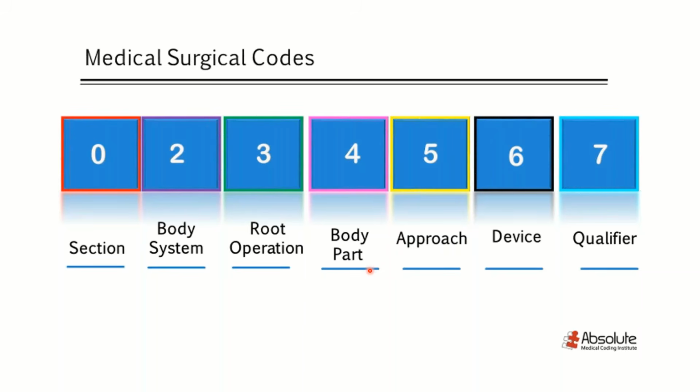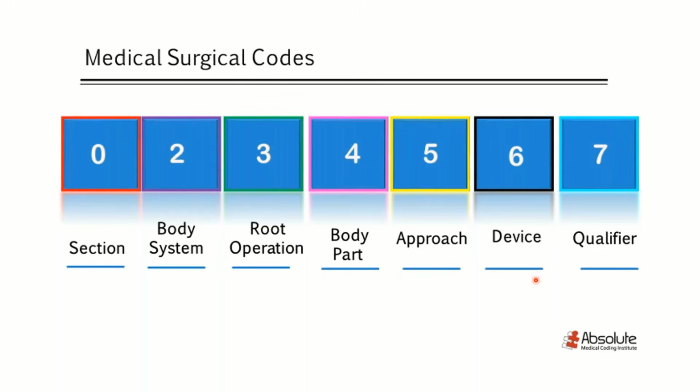Now, the fourth character is the body part. This is the body part that the surgery was performed on. Your fifth is your approach, and this is how the doctor entered the surgical site. And sixth is your device code.